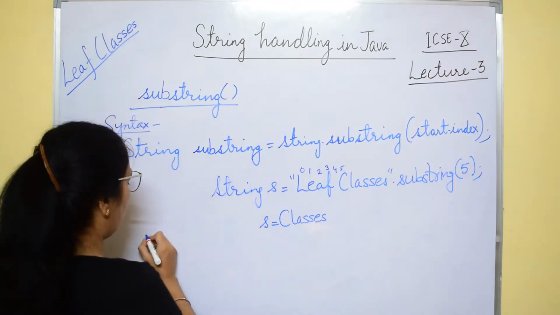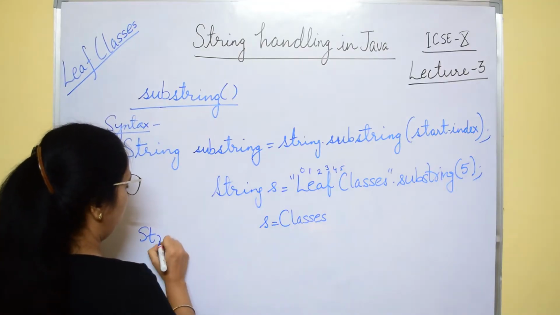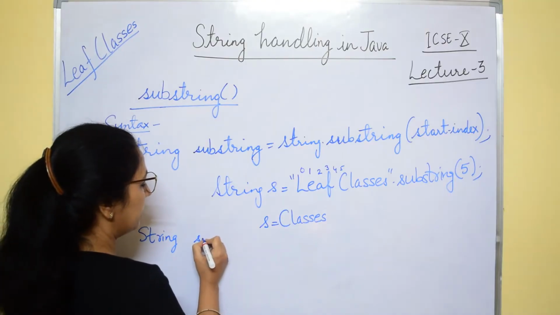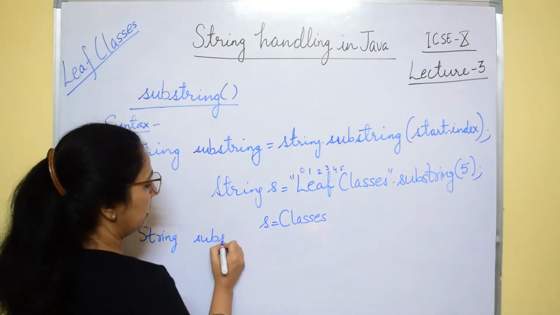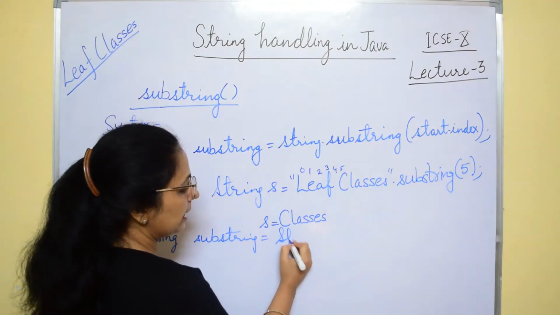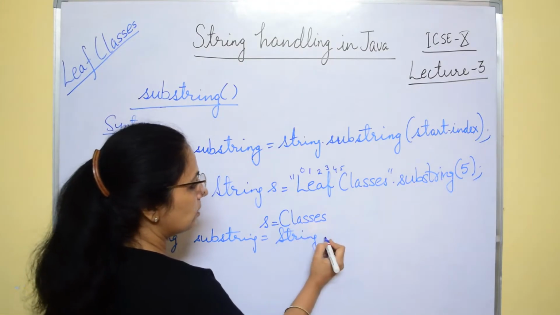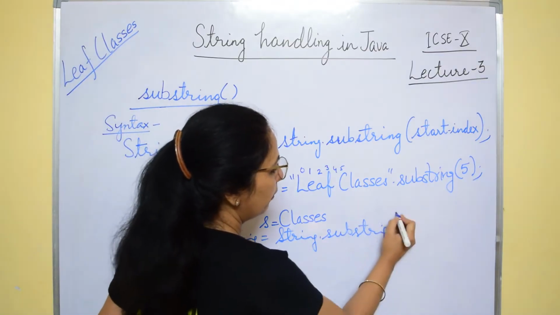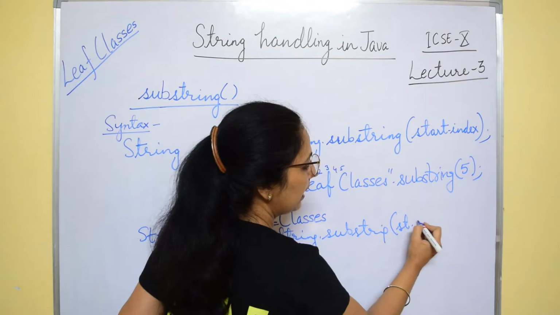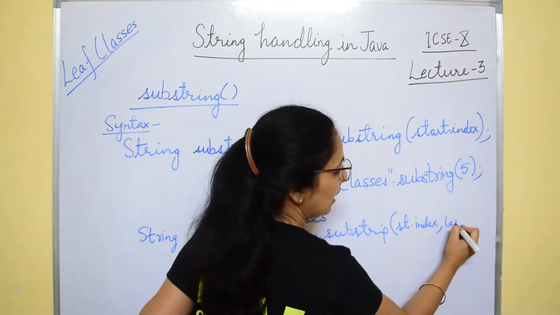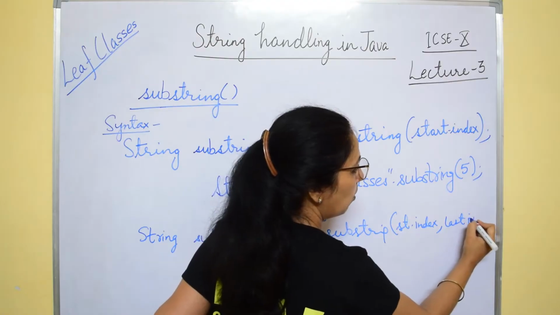Starting from the 5th index number, all the characters till the last index number will be extracted and stored in this variable. Now we can have one more type of substring where we can specify the starting and the ending index number. The syntax of that is string dot substring, and here we give the starting index, comma, the last index till where you want it.